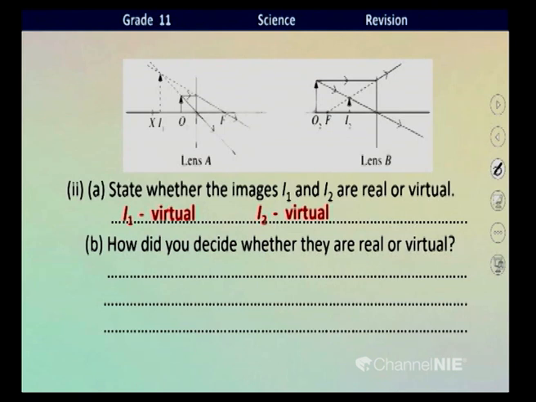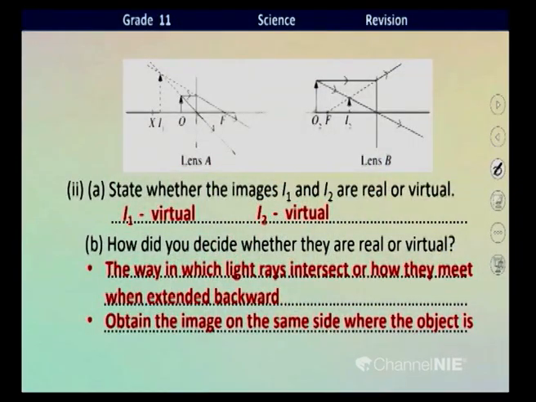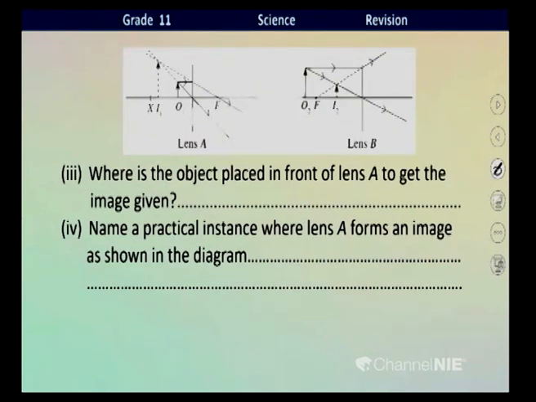And also the way the light rays intersect when they are extended backwards gives an idea about the image, and that also gives us a virtual image. Okay, children, then this is the answer. You can see the way in which light rays intersect, or how they meet when extended backwards, gives us that these two images are virtual. Right, okay. Next question.